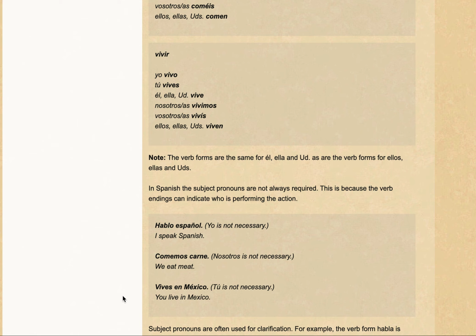And that's the only reason why we can simply say hablo español, and we know it means I speak Spanish. It means I, not he or she or we, right? The same thing can be said about comemos, which would link to nosotros, and then we have tú, vives.